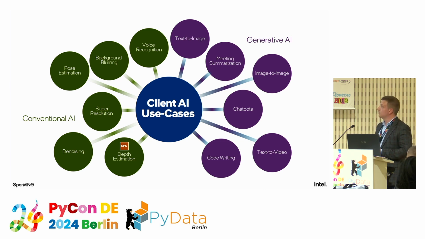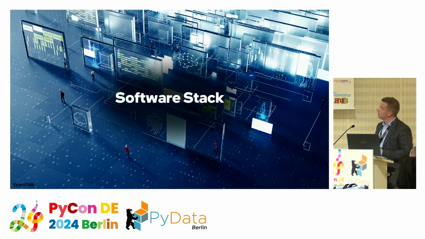For example, depth estimation you can do on the NPU, or you can select the CPU. For generative AI use cases, chatbots you can run on the GPU, and you can even run some use cases on both, like text to image, which you can run on the GPU and NPU in parallel, and this way you can maximize your system throughput. And with that, let's start with the software stack.